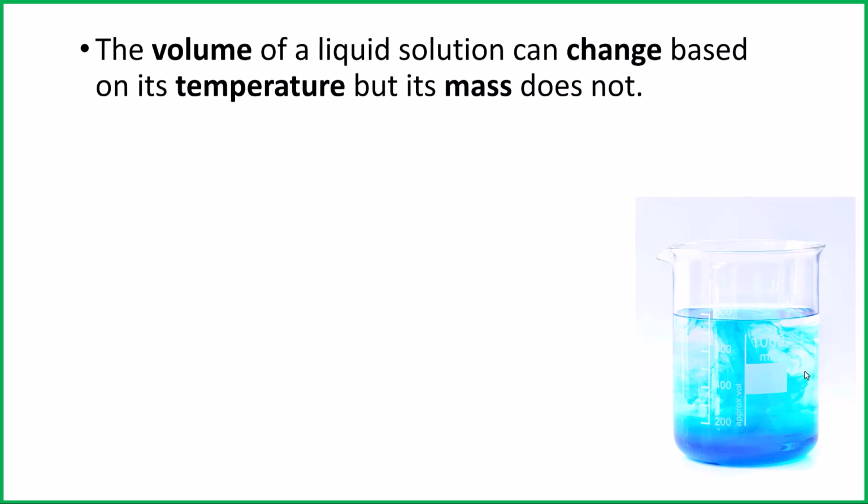Now the volume of a liquid solution can change based on its temperature, but its mass does not. So we know that liquids have more space between the particles than solids do. So the volume of a liquid is able to change a little bit more because there is more space in between those particles. And so temperature can affect the movement of the molecules a little bit more than in a solid.